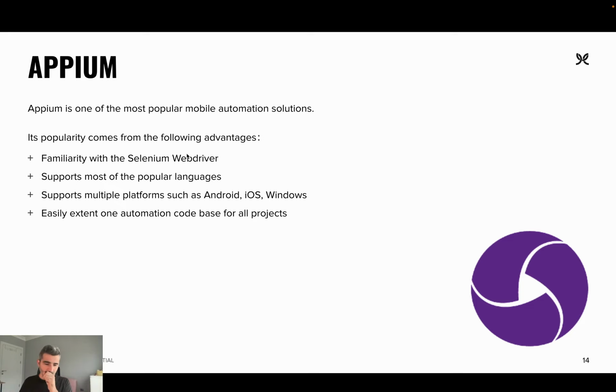Also, Appium supports multiple platforms like Android, iOS, and Windows, and it is open source, which means that there are a lot of frameworks developed for automating and using Selenium and Appium for different projects.